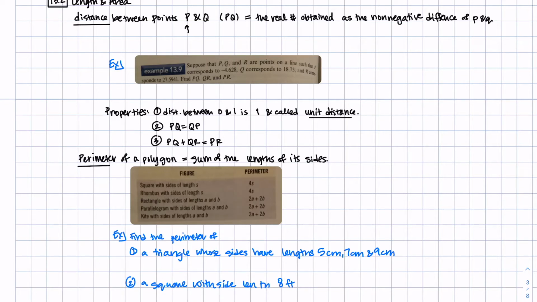And so P, the point big P, corresponds to some real number little p. And point big Q corresponds to some real number little q.